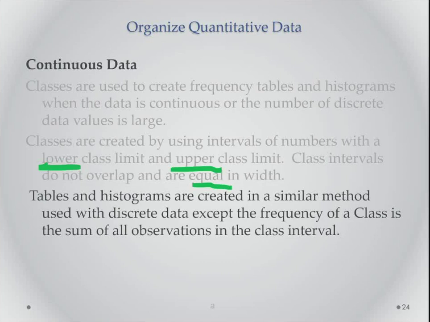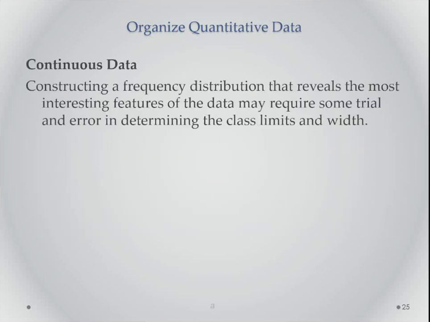We create the tables and the histograms using the same process we did with discrete and qualitative, but we're going to use the frequency of the class as opposed to just the frequency of a specific number. The first thing we need to do is create these class sizes. There's a little bit of an art to it, and you can get into some trial and error, because if you make the classes too big, then you might lose interesting data.